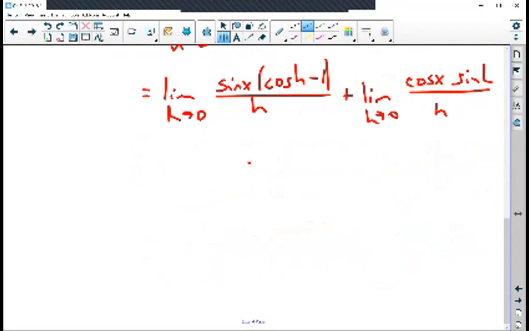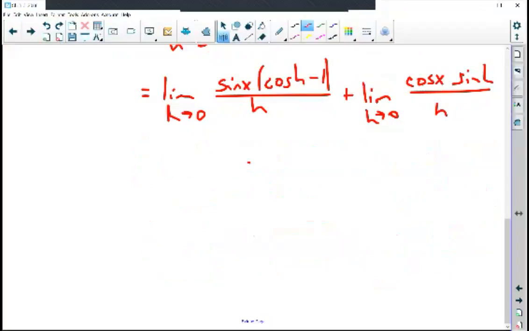Now, this first fraction, I can factor out anything. I can take anything that doesn't have an h in it and move it outside of the limit. So the sine x, doesn't matter what happens to h, sine x is just going to be sine x.